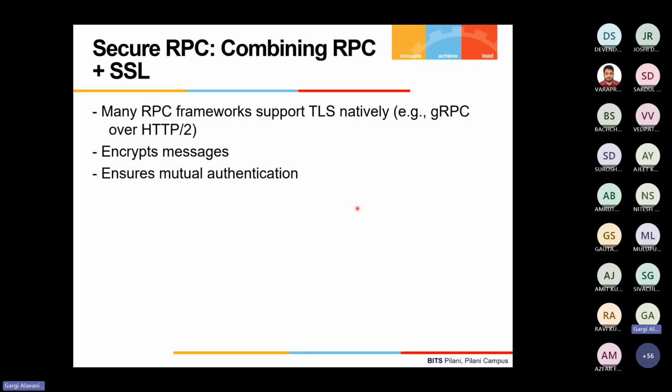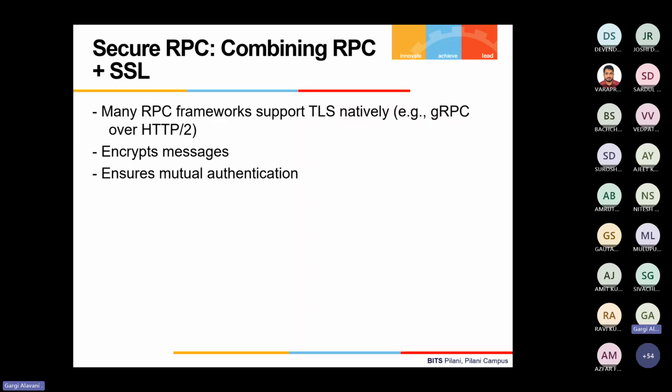Now, for a secure RPC, the way you use SSL in sockets, you can also use SSL with your RPC. Many RPC frameworks have to use the functionality of SSL or TLS, specifically gRPC or HTTP. Here, the data is encrypted and then transmitted between the client and server, so even if someone intercepts it, they can't read it.